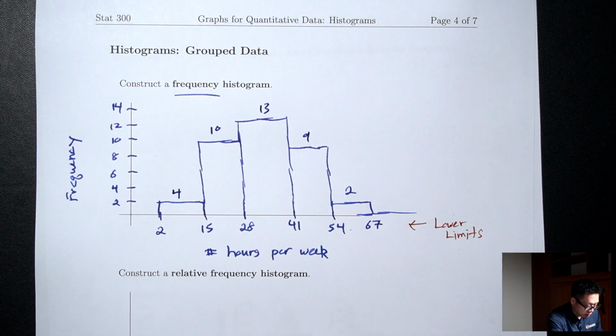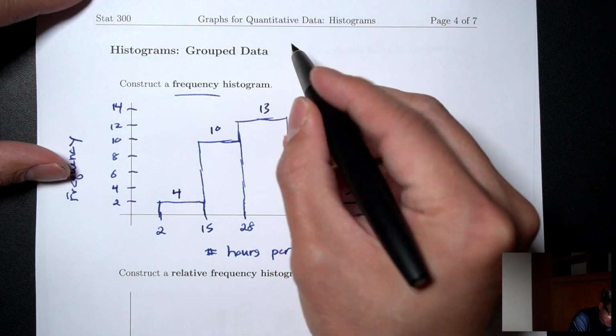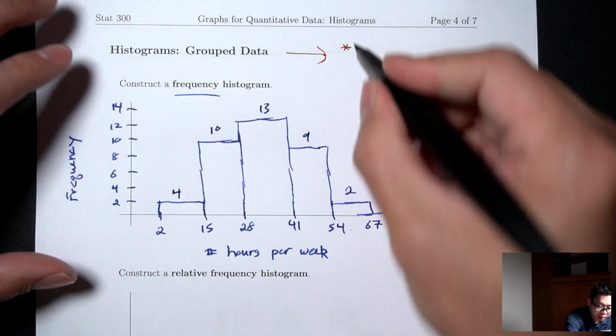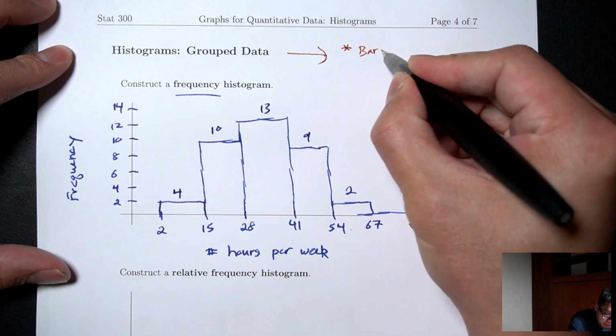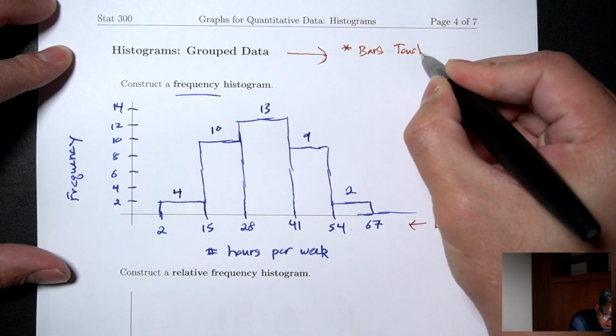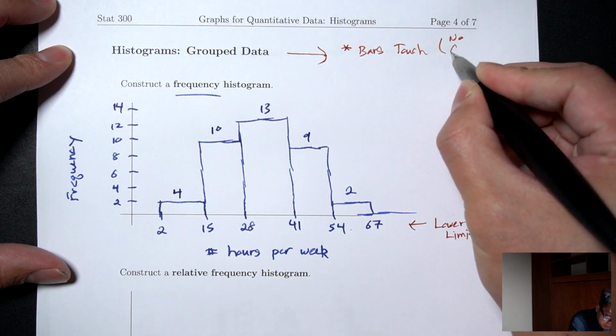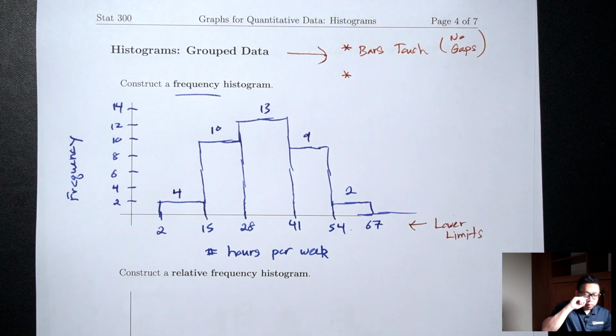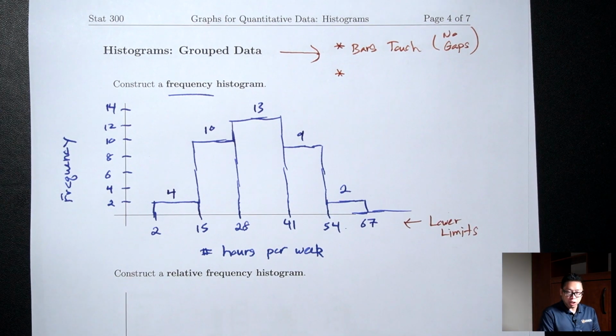And let me write down the key points that I was talking about. Same as for both situations, the bars touch. No gaps. So for quantitative data, the bars touch. For qualitative data, that we talked about in the last lecture, the bars have gaps.